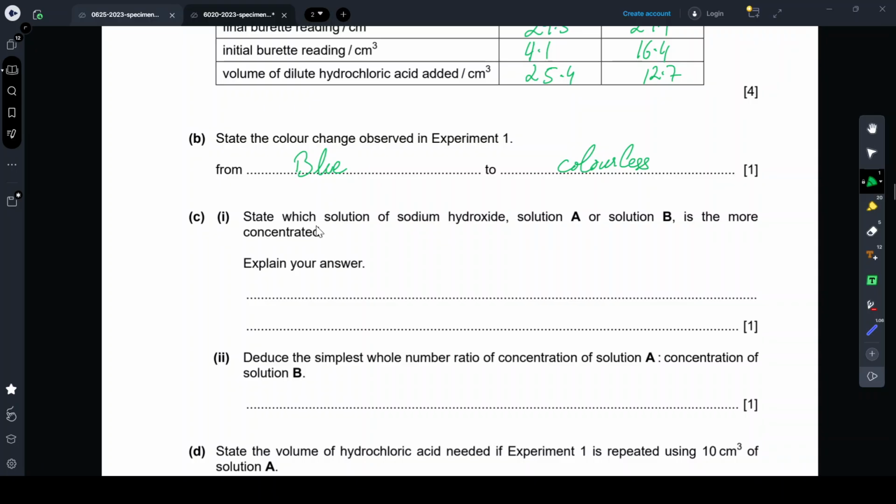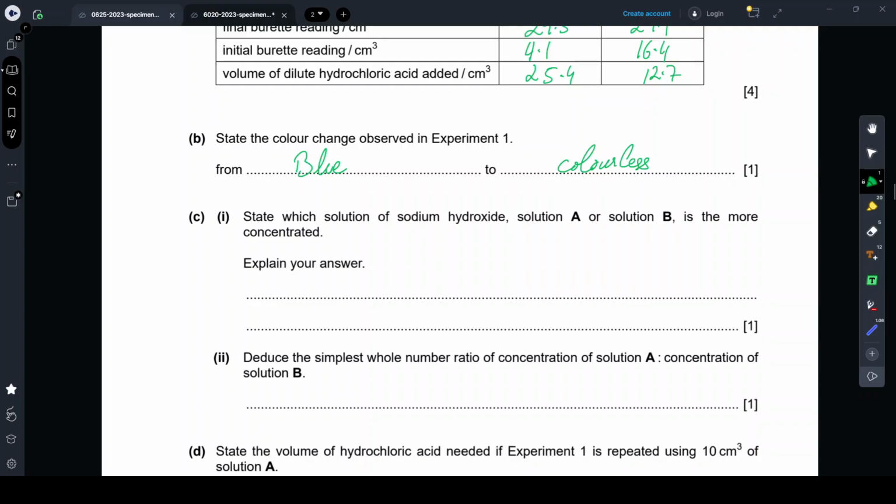Now, state which solution of sodium hydroxide is more concentrated. Solution A is more concentrated. Why? Because it will be used to neutralize the acid. Neutralization is happening in both cases. Why are you saying that solution A is more concentrated? What does concentrated mean?